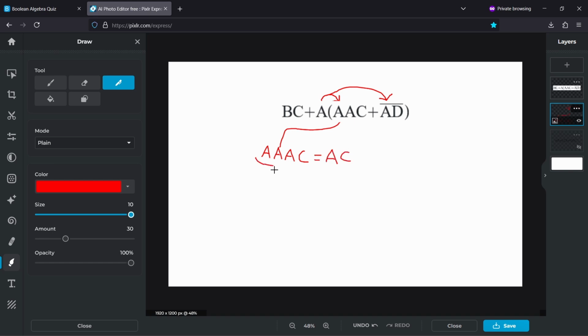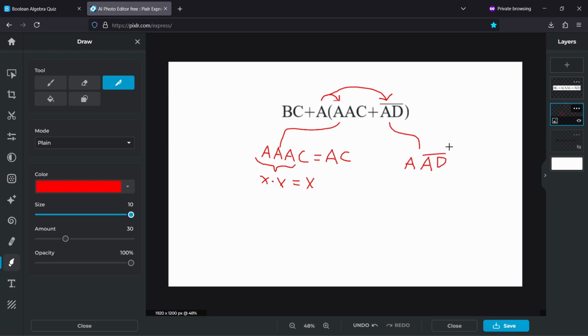Why? Again, X and X equals X. If X is 1, 1 times 1 is 1. If X is 0, 0 times 0 is 0. So therefore, this first term becomes AC, and the second term will become A AND D bar.